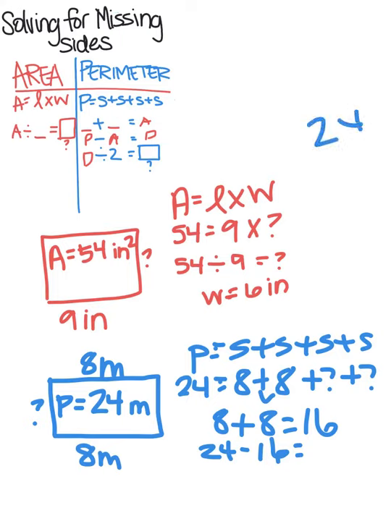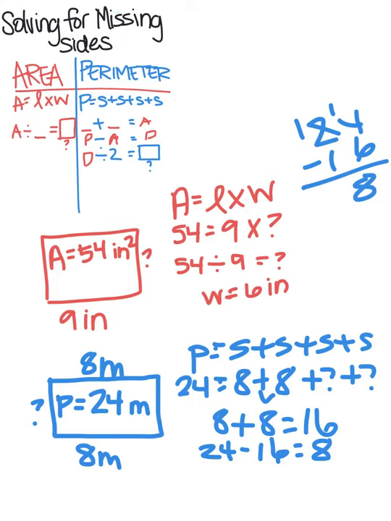So 24 minus 16. I have to regroup because I can't do 4 minus 6. 14 minus 6. Okay, so you have to do it however you make sense of it. I like to count up. So 6, 7, 8, 9, 10, 11, 12, 13, 14. Okay, that's 8. So this is 8.